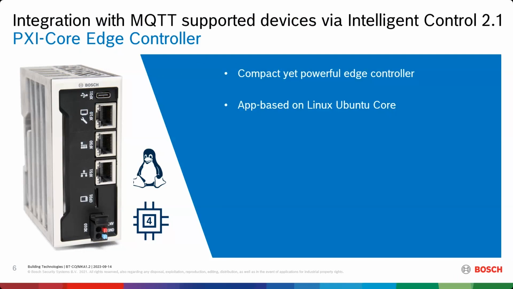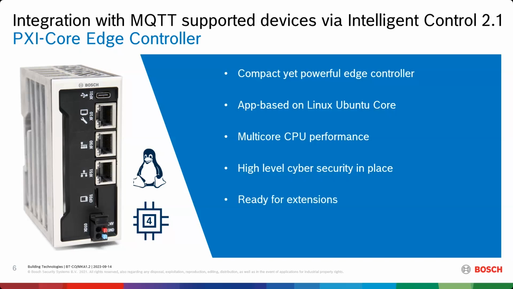Very compact device. It is running a Linux core and has multi-core CPU performance, as you see. Also, we have a high level of cybersecurity in place on this device, and we have it ready for multiple extensions.